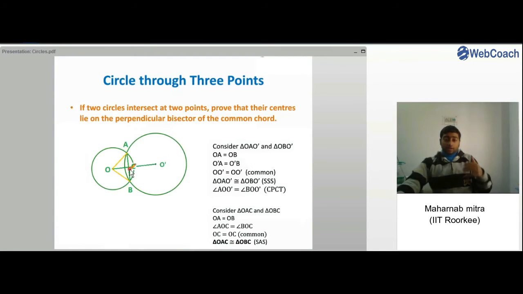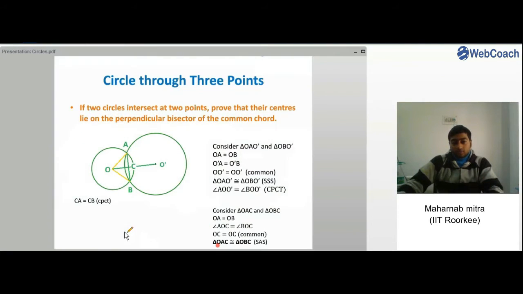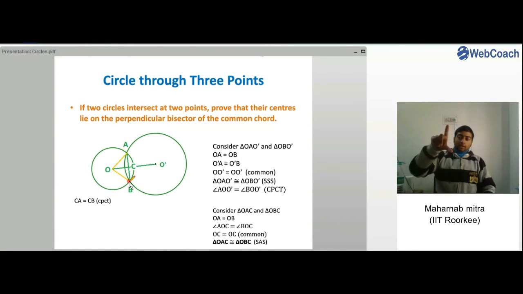So triangle OAC is congruent to triangle OBC by the side angle side criteria, SAS criteria. Now from this we can easily say CA equals CB, because as these two triangles are exactly alike, their corresponding parts must also be equal.